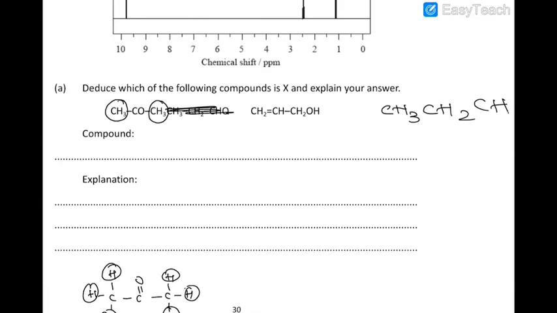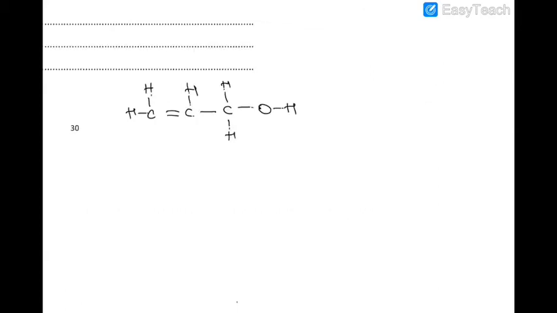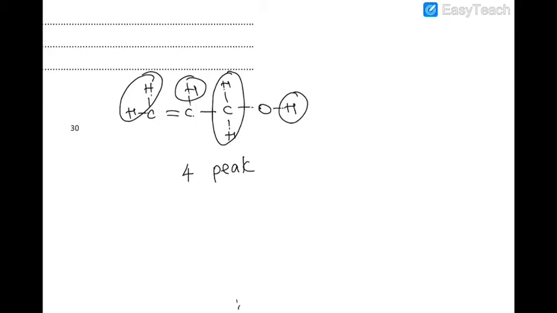If we look at this one, there is 1, 2, 3, 4. So this would give rise to 4 peaks of intensities 2 to 1 to 2 to 1.